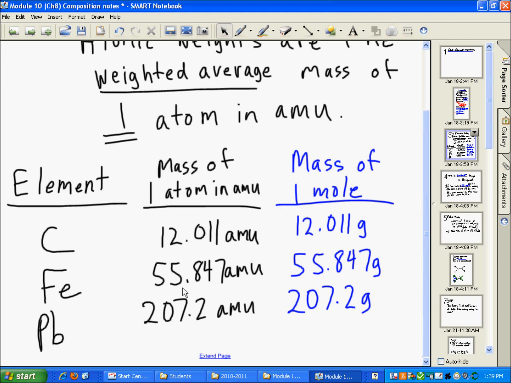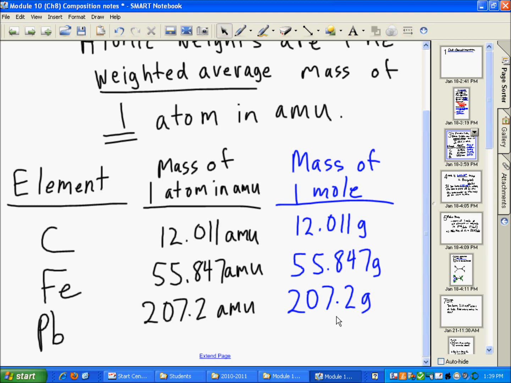We looked up in the periodic table, found that on average one atom of iron weighs 55.847 atomic mass units. Well, if you have a mole of iron atoms, they will weigh 55.847 grams. And for lead, one atom of lead on average weighs 207.2 atomic mass units. A mole of lead atoms weighs 207.2 grams. That's why they choose that weird number, 6.02 times 10 to the 23 for the mole.